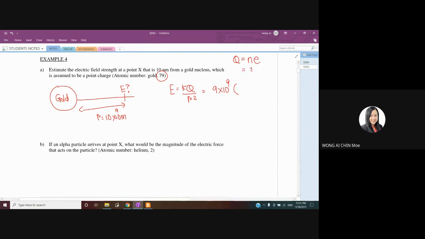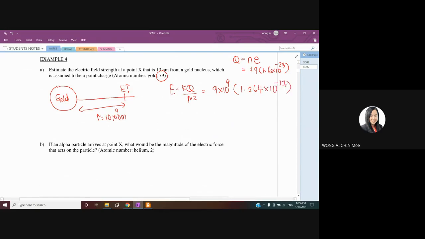Your number is 79, and the charge, positive or negative, has the same magnitude, 1.6 times 10 to the power of negative 19. This is how you find the charge for a nucleus. After you substitute inside, you will get 1.264 times 10 to the power of negative 17.